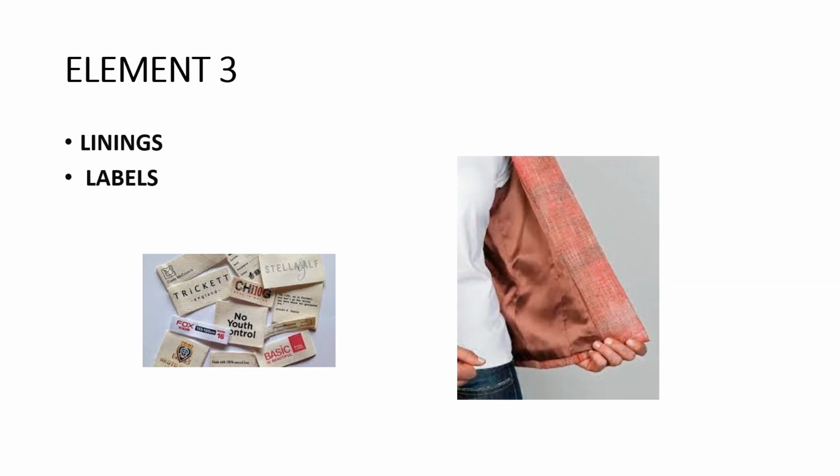Students, you know about the labels, the different types of labels which are used in the garment. So those also are covered under element 3. So these are the different types of labels which are used in the garment, okay. So this is the part and parcel of element 3, lining and different labels.